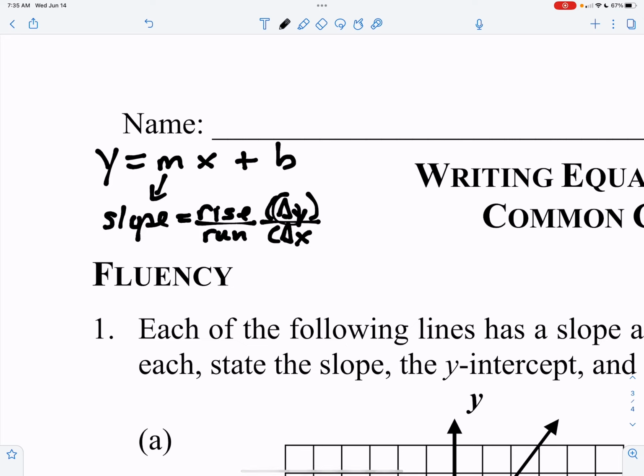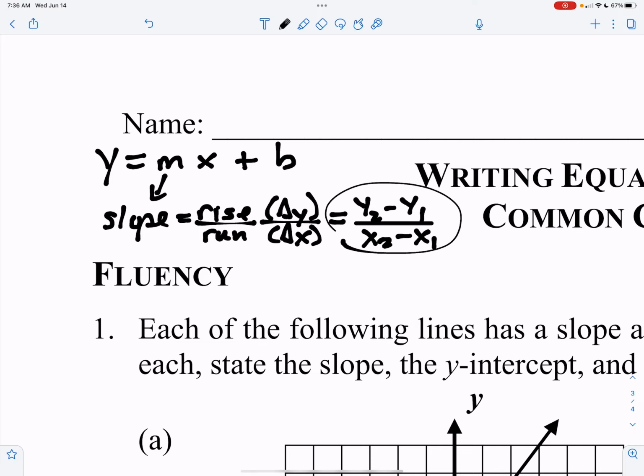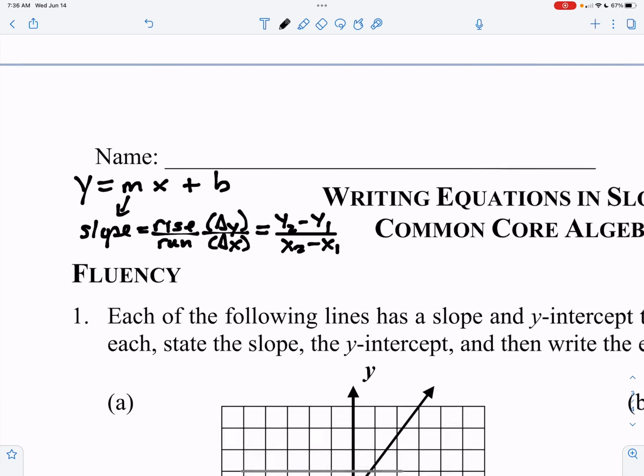So change in y or change in x. Okay, now we can also calculate that by going y2 minus y1 over x2 minus x1. And if we're given two coordinate points, this is exactly the way we're going to find the slope.